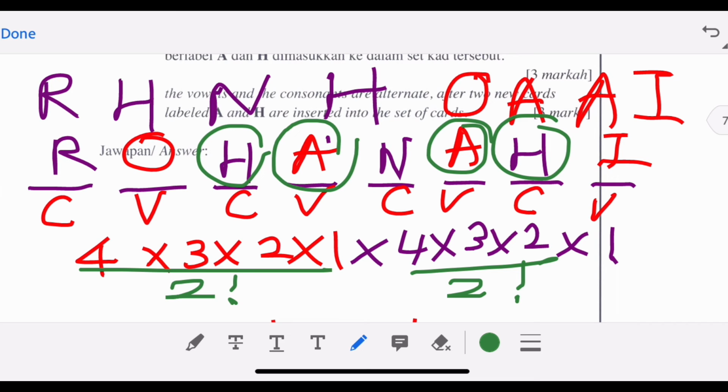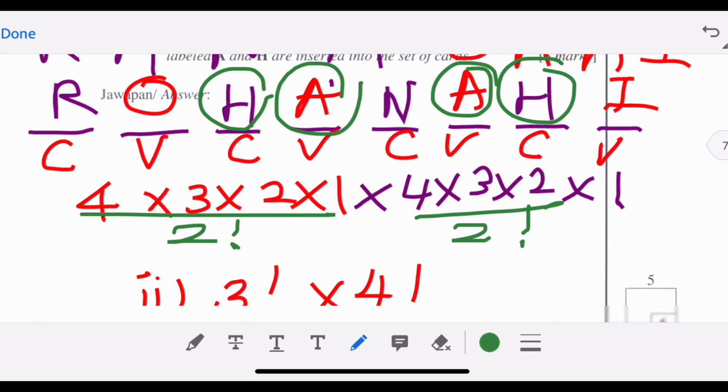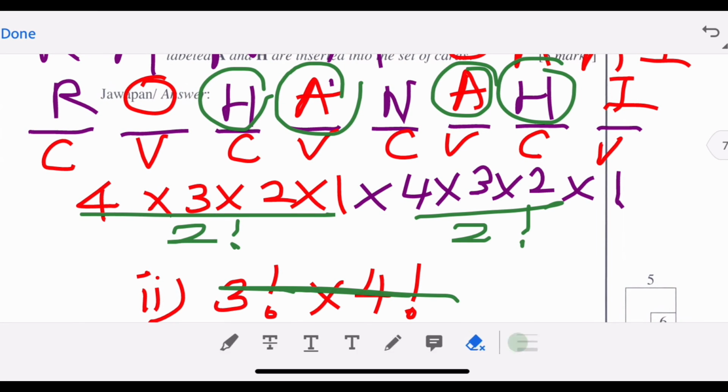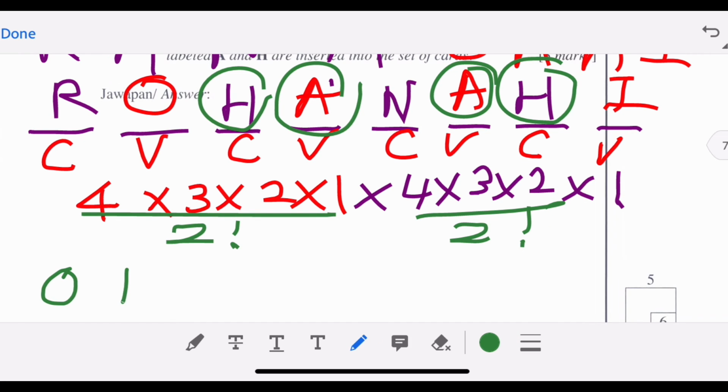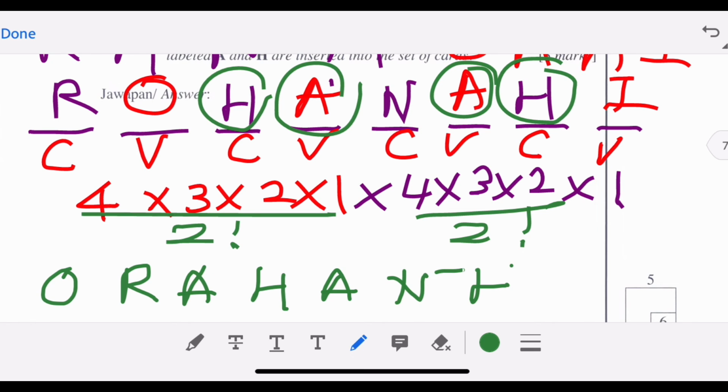Alright, but we have another possibility, which is we can start with the O, followed by R, followed by A, followed by H, followed by A, followed by N, and then followed by I and H, right? That means we can start from a different position.